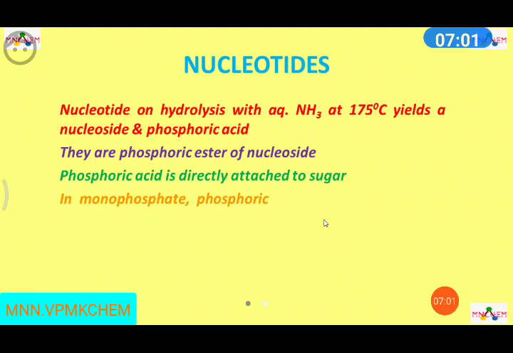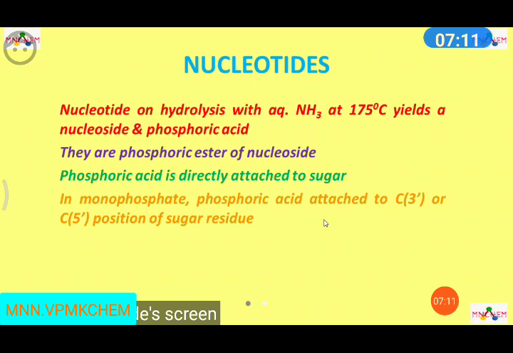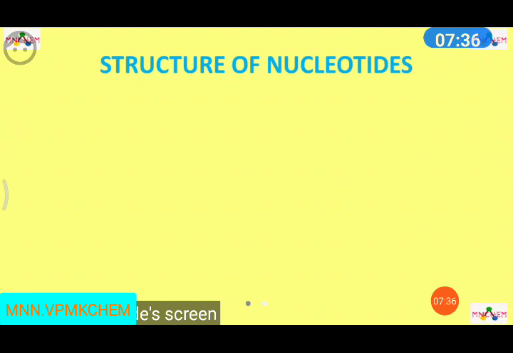In a monophosphate, the phosphoric acid is attached to carbon number 3 (C3') or carbon number 5 (C5') position of the sugar residue. In other words, the phosphoric acid forms the ester linkage with the hydroxy group at C3' or with the hydroxyl group present at C5' in the ribose sugar.